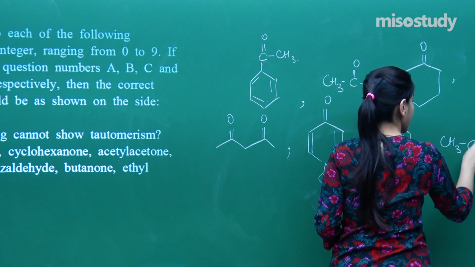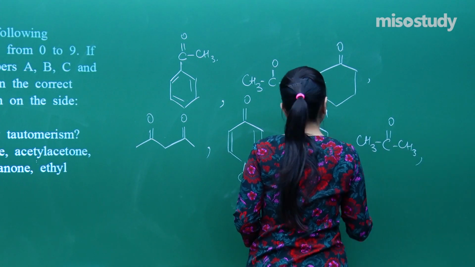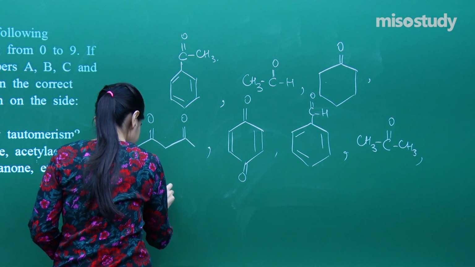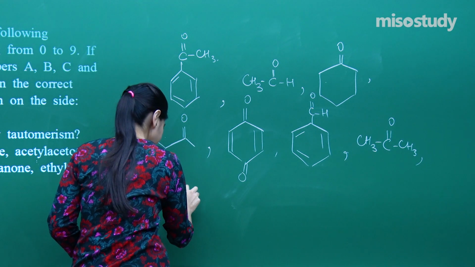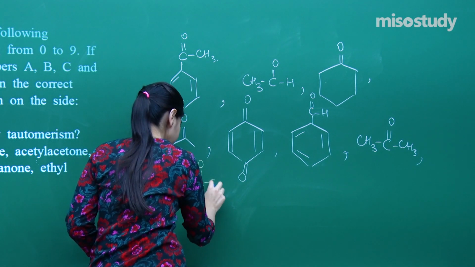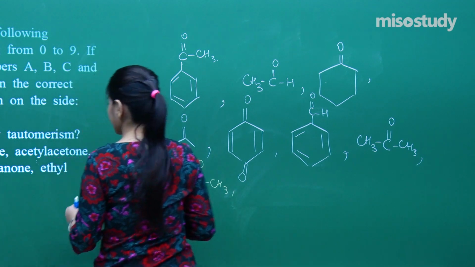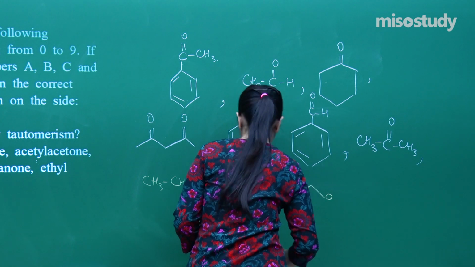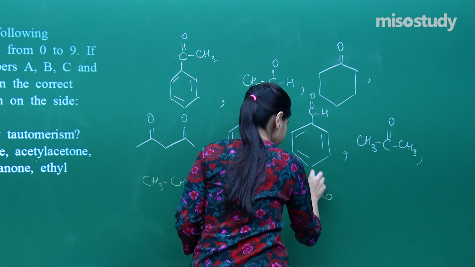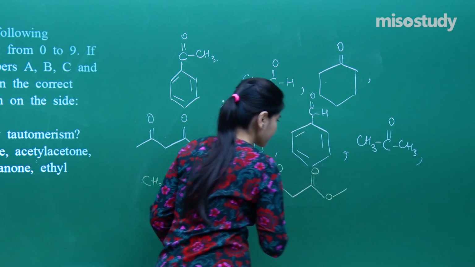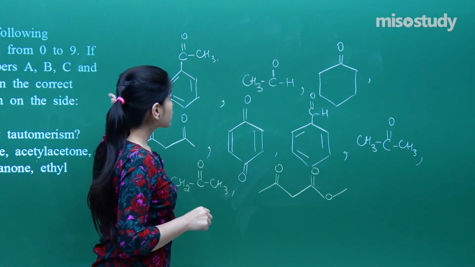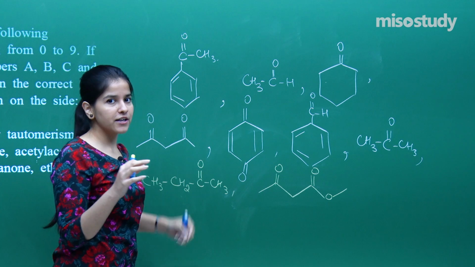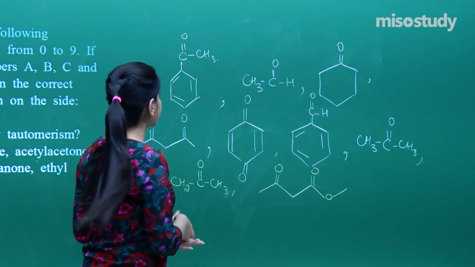Acetone, butanone, ethyl acetoacetate. So that is what we have. We have got so many kinds of compounds. We just need to check which are having alpha hydrogens and we will have our answer then.